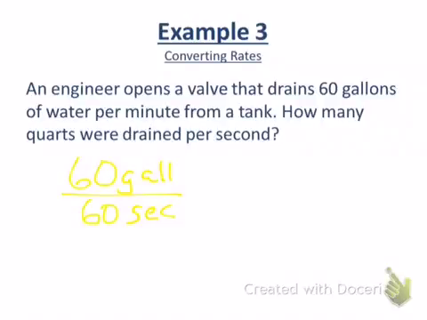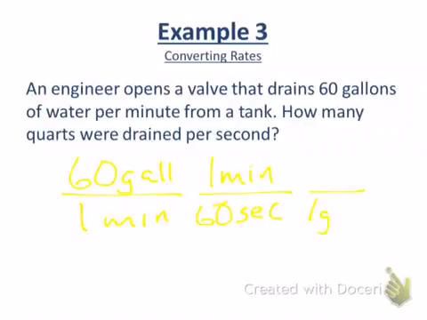Now, if you wanted to be meticulous about this, which a lot of your teachers would require, 60 gallons per 1 minute, our unit multipliers would be 1 minute is 60 seconds, and we've got to convert gallons to quarts. 1 gallon is 4 quarts, right? That's how your unit multipliers would need to look, right?